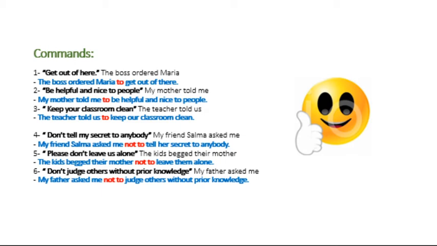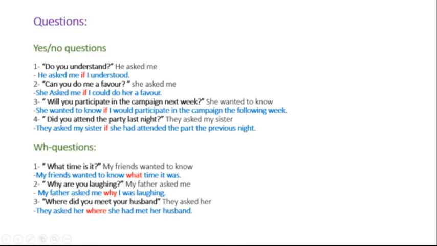The following part and the last one, questions. Here we have two types of questions, yes/no questions and WH questions. Yes/no questions are those that we can answer by saying yes or no, like do you speak English? Yes I do. Do you play soccer? No I don't.